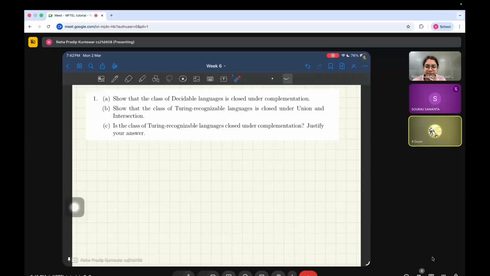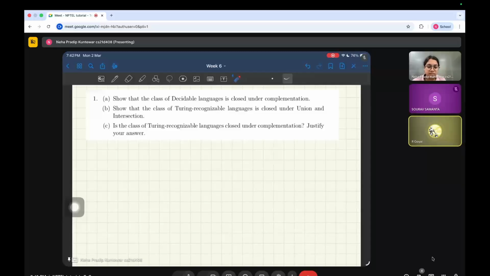Because both machines are Turing recognizable, I have the answer of yes for both machines M1 and M2, and if I run both in parallel, that will give me the union.